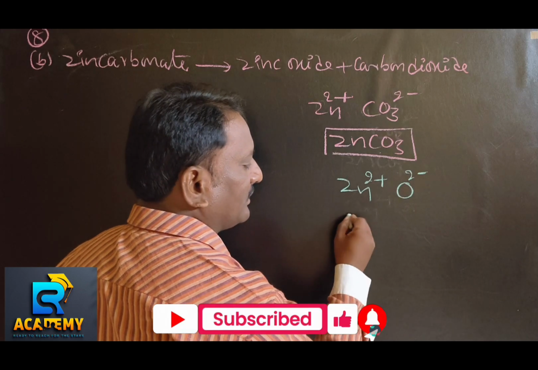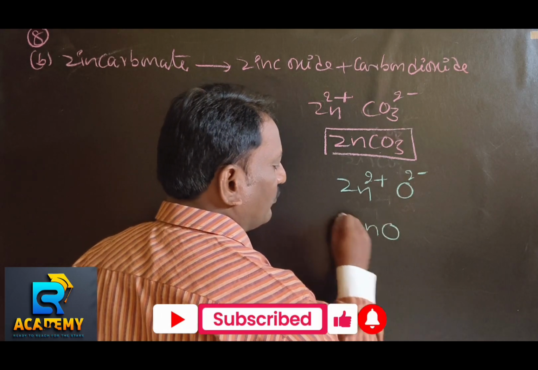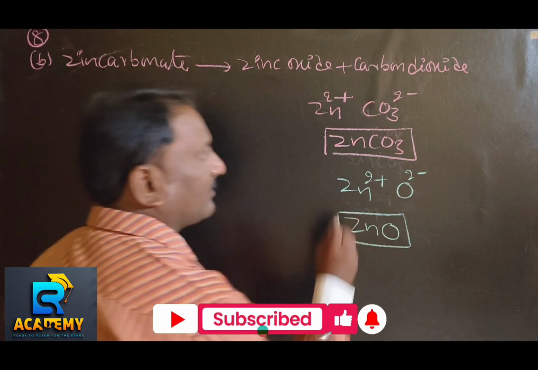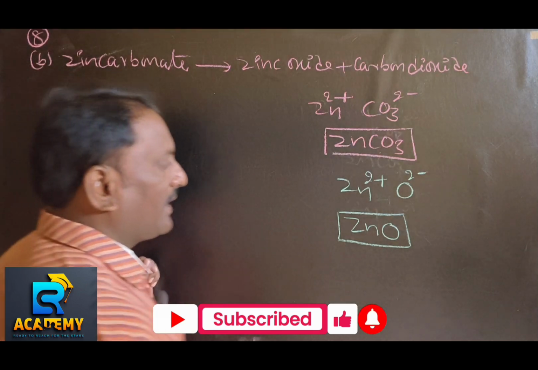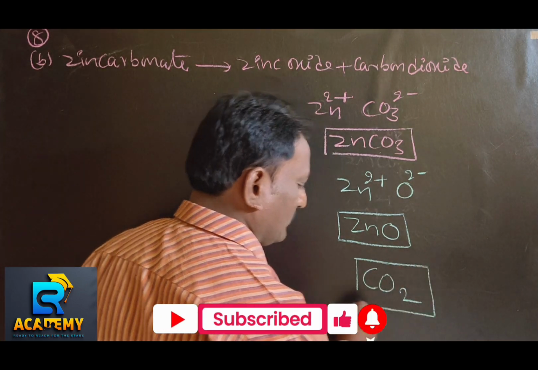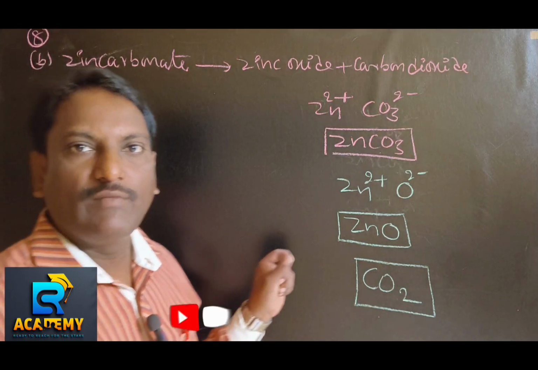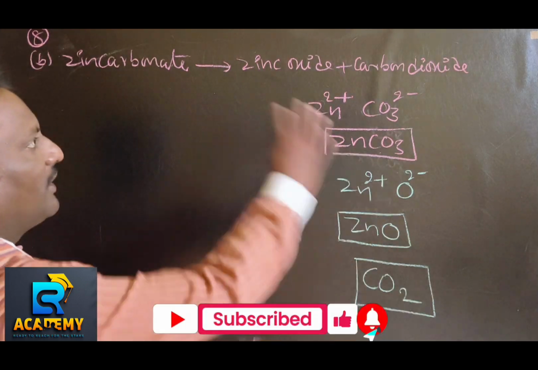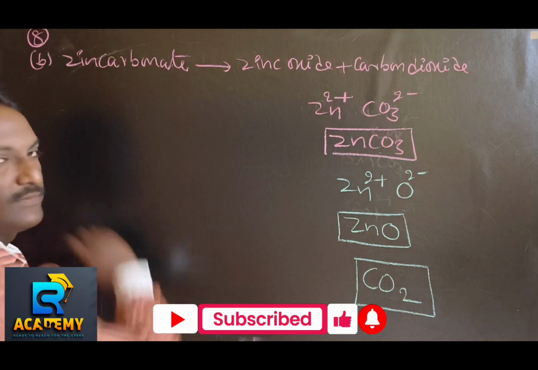No need to crisscross. Directly write ZnO, zinc oxide. Next, carbon dioxide formula will be CO2. These are the chemical formulae required to write the balanced equation.